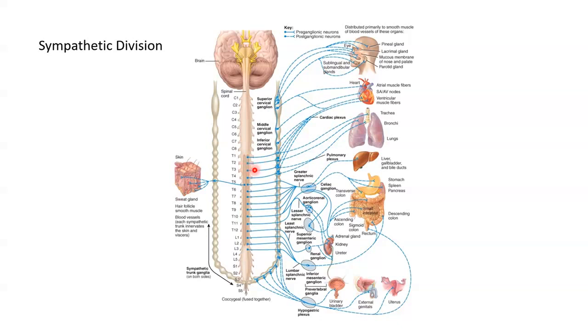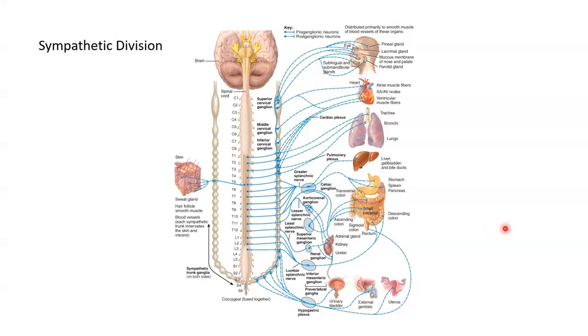It can leave the spinal cord, go through this trunk ganglion, turn around and come back to our prevertebral ganglia, the ganglia in front of the spinal cord, and there synapse with our postganglionic neuron. Or, which we don't have an image of here, it can continue directly through this trunk ganglion to the side, and then synapse with those chromaffin cells in the adrenal medulla.